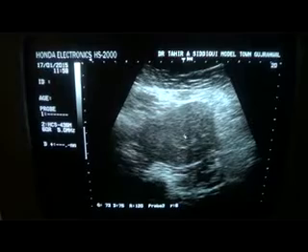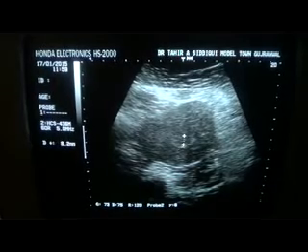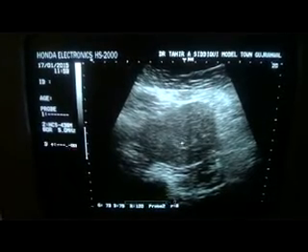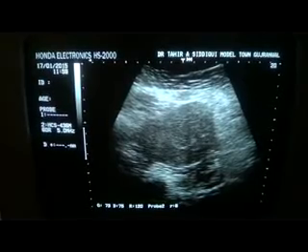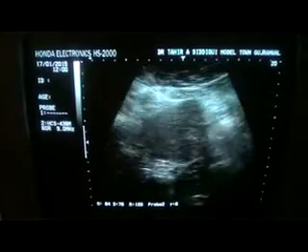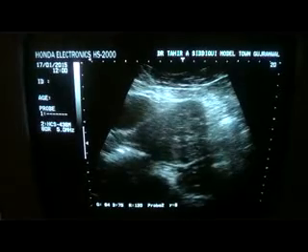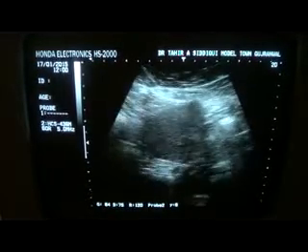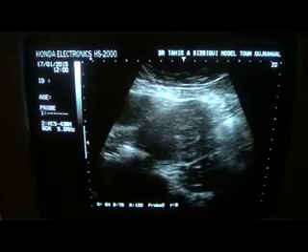This one measuring approximately 7.9 mm. There is trophoblastic reaction seen around it, and this small tiny cystic area is consistent with a gestational sac.